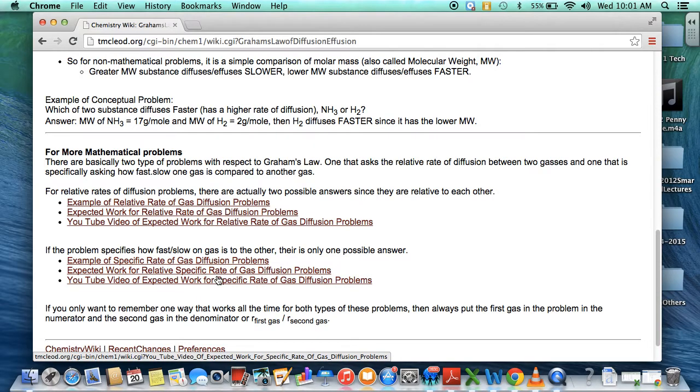In that way, your relative rate problems and your specific rate problems, as in fast or slow, will always be correct. Okay? And again, that's only if they ask you for specific mathematical calculations.